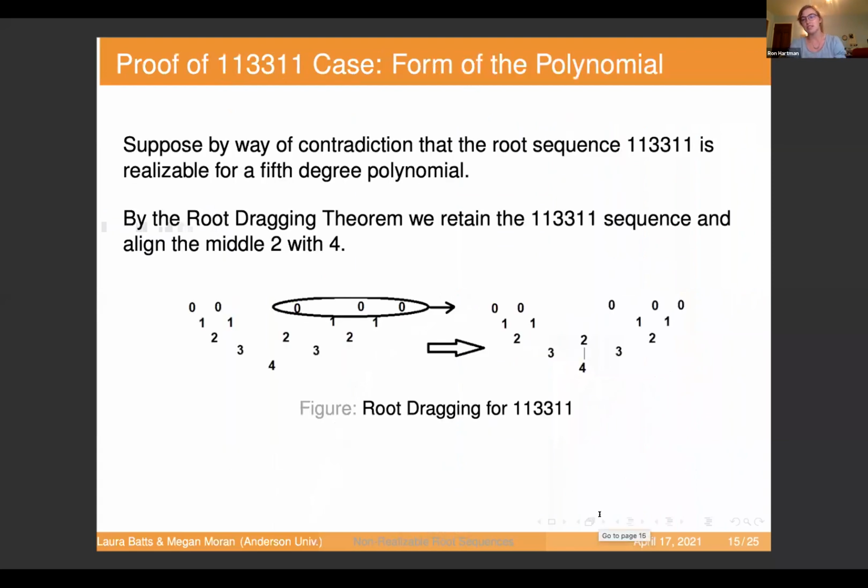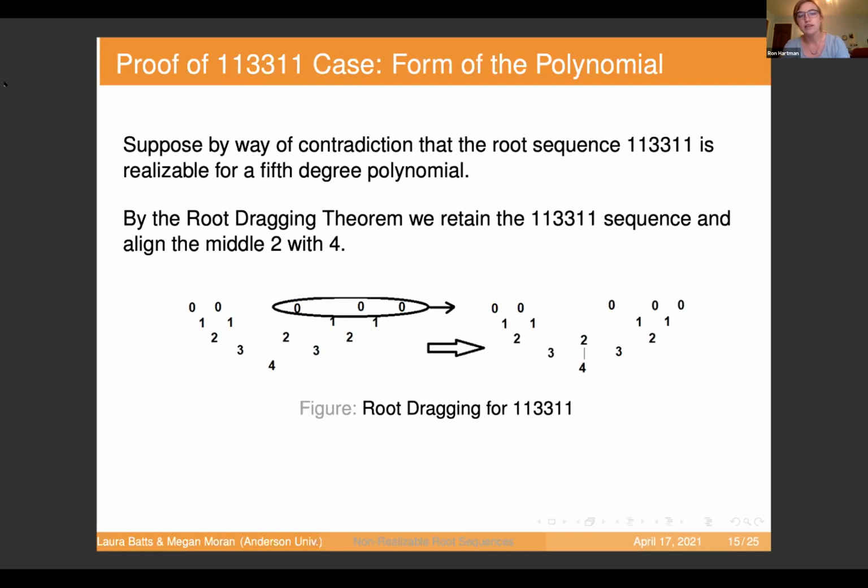We start our proof by supposing, by way of contradiction, that 1, 1, 3, 3, 1, 1 root sequences are realizable in the 5th degree. Then, using the root dragging theorem, we're able to align the 2nd and 4th degree roots.